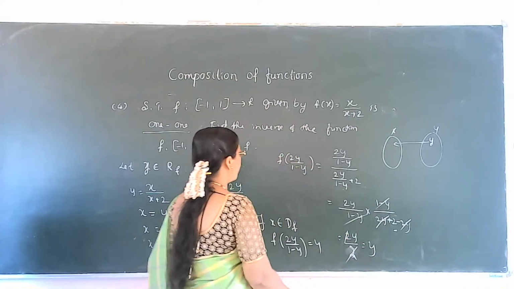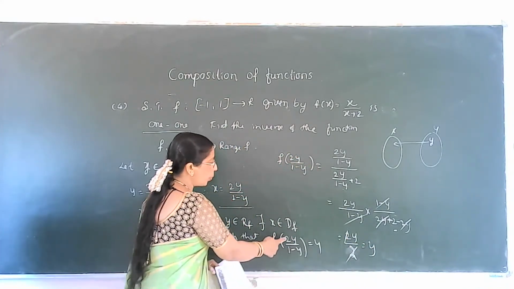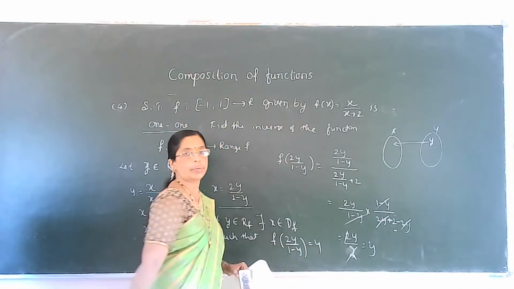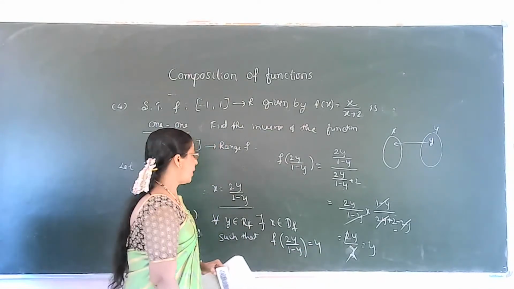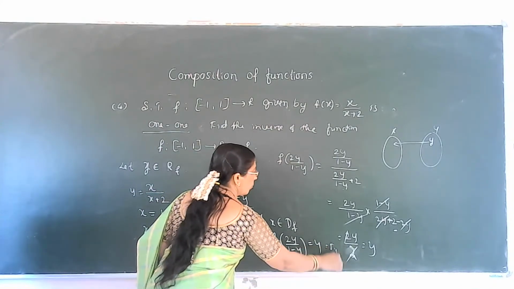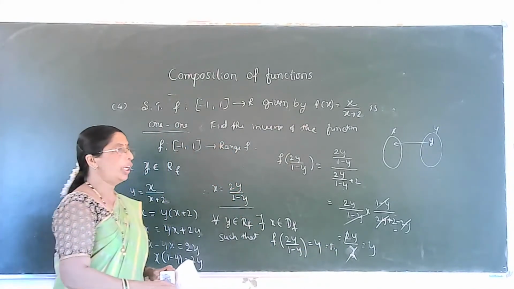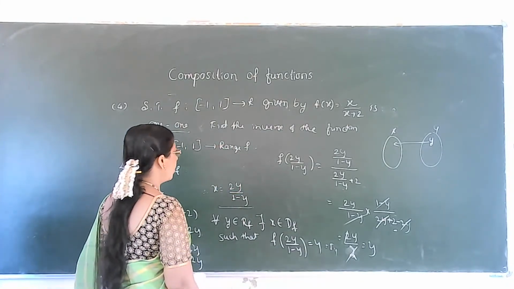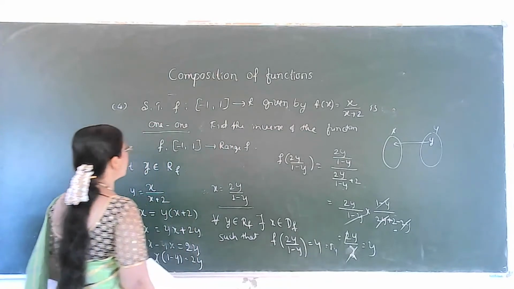It is equal to y. Therefore, f of 2y divided by 1 minus y is equal to y. Therefore, the function is invertible, with this function f inverse.